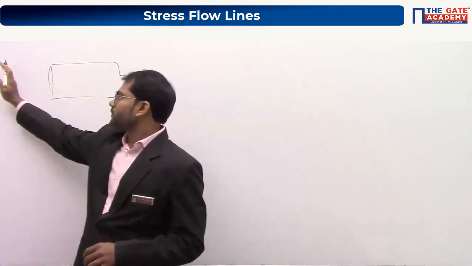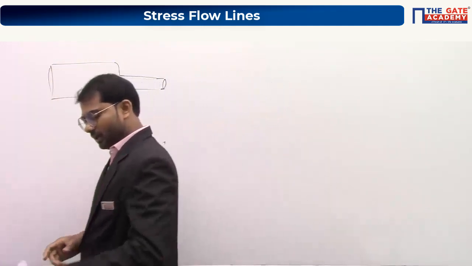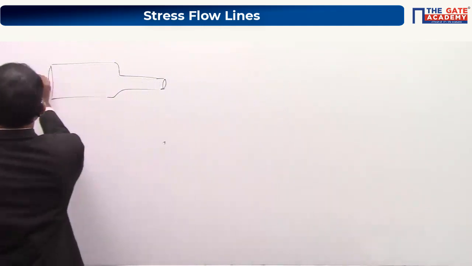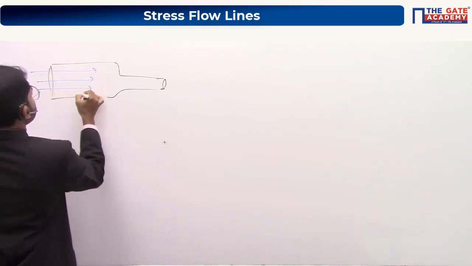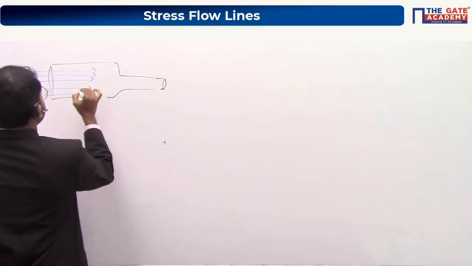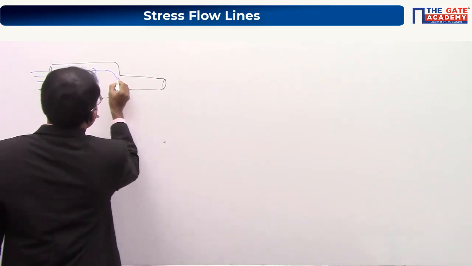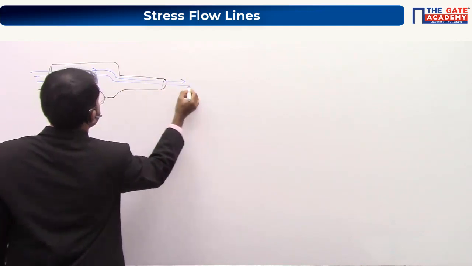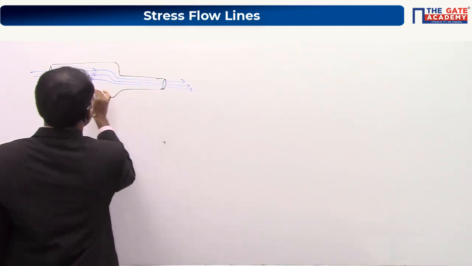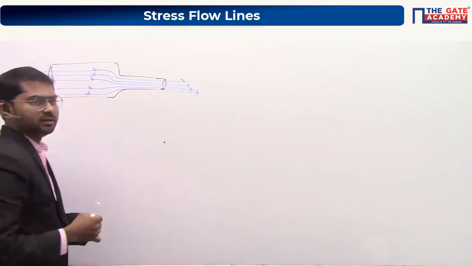Whatever liquid is flowing in from here, the same liquid comes out here. I'm putting 5 lines here. They go on like this and come out. So 5 lines here.